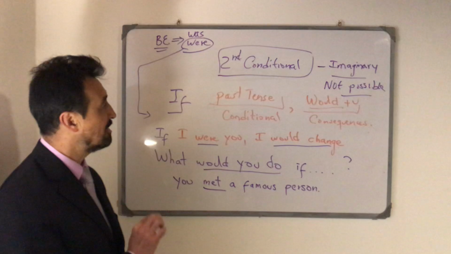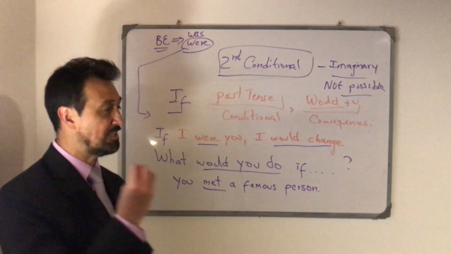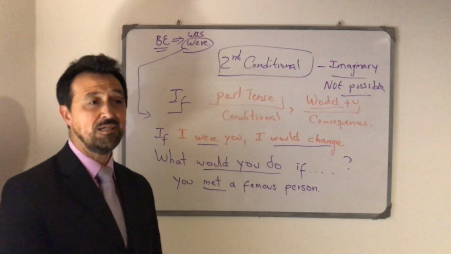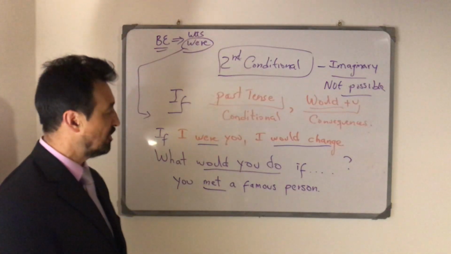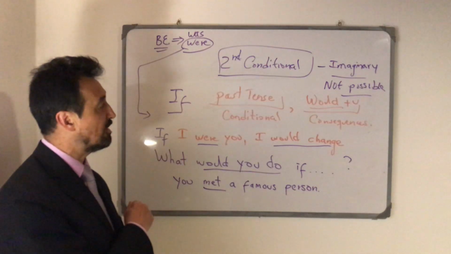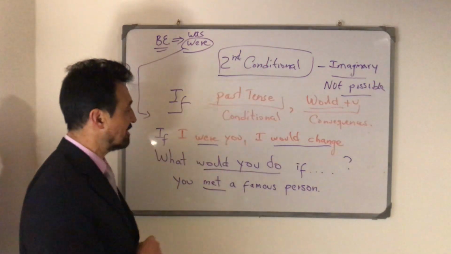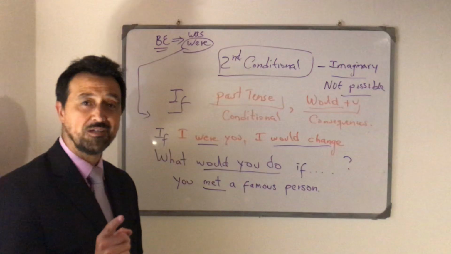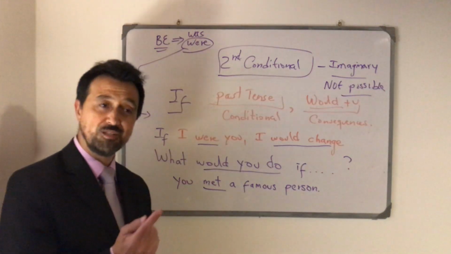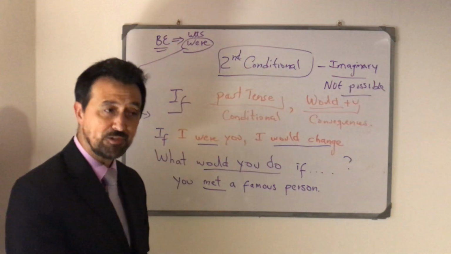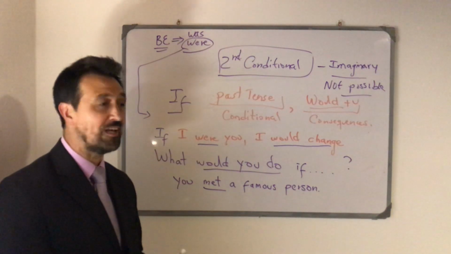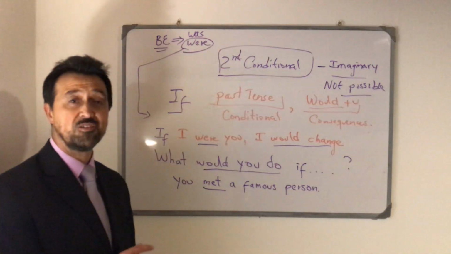When the action is imaginary, it refers to something very unlikely to happen in the present or in the future. It uses two parts similar to the first conditional. The differences are the tenses. Remember the example: Si mi tía tuviera, sería mi tío. Si tuviera plata, compraría una casa.